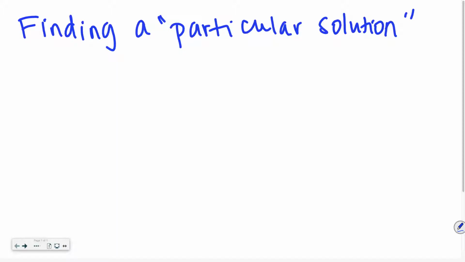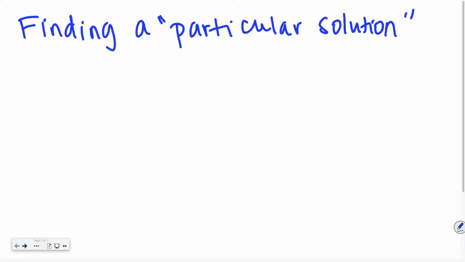Any function is going to have an infinite number of antiderivatives, but if we have some information about the original function, we can pick out what that specific, or in this case, particular solution is.